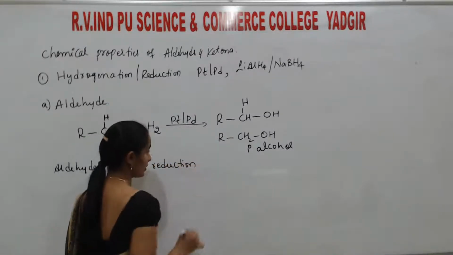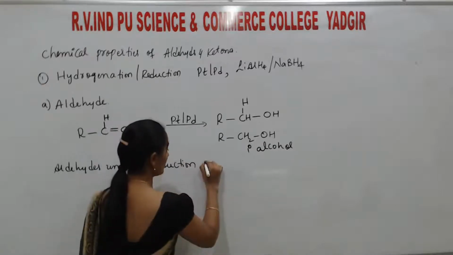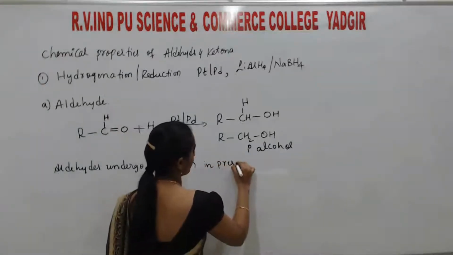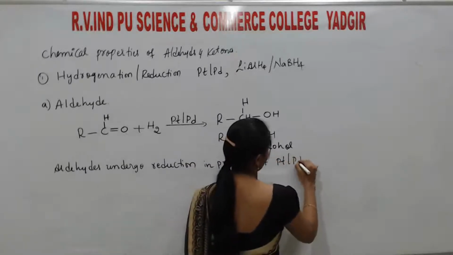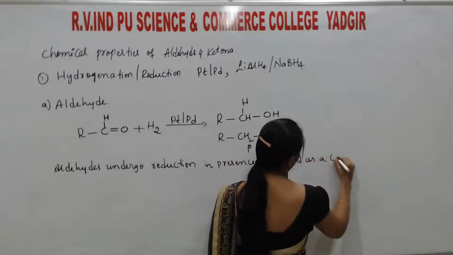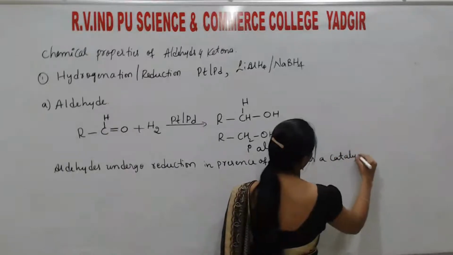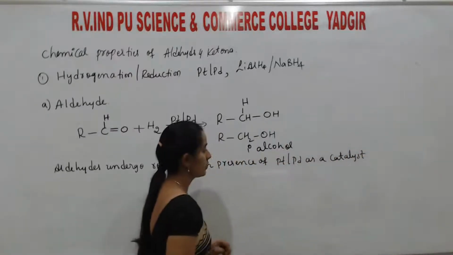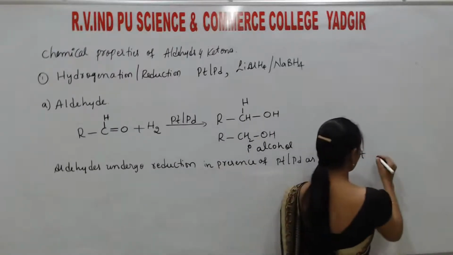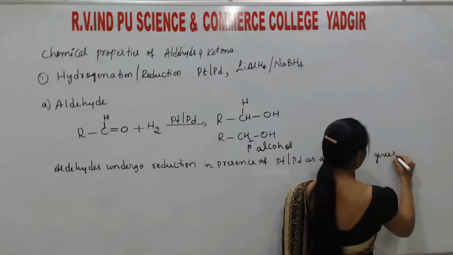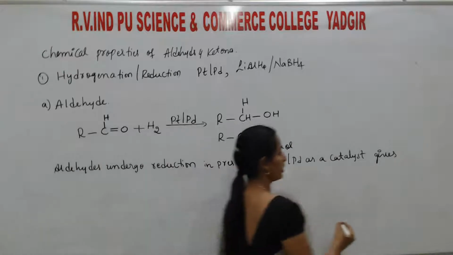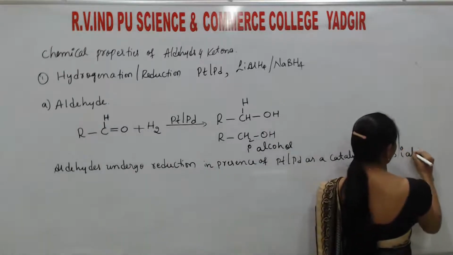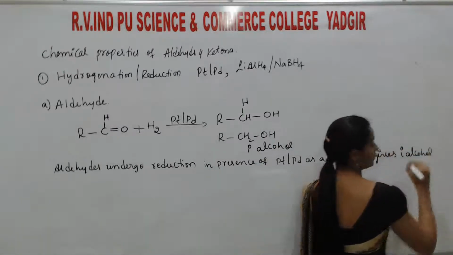In the place of reduction, you may write hydrogenation, in presence of platinum or palladium as a catalyst. You have to write a complete sentence. Platinum or palladium as a catalyst gives, right here, primary alcohol.